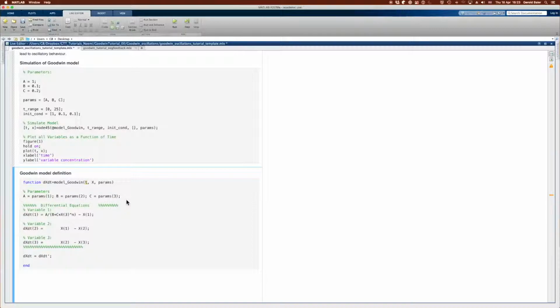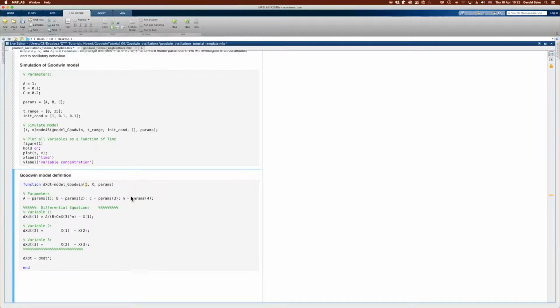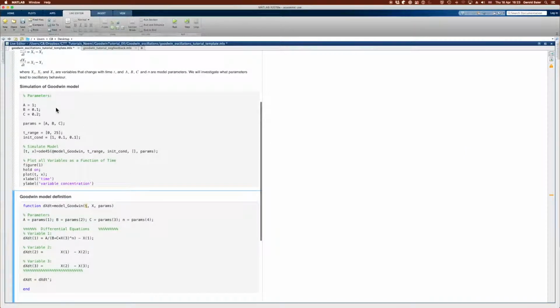Then we of course will need to add in an extra parameter that we will be changing in the model. So we want to add here in this line of parameters that n is equal to the fourth element. Okay, so we're done with the model now, and we just need to implement that in the simulations as well.